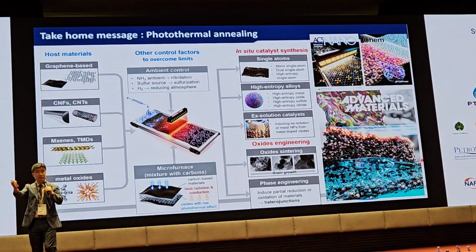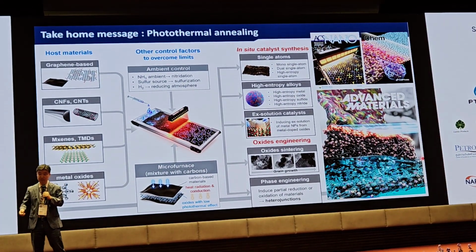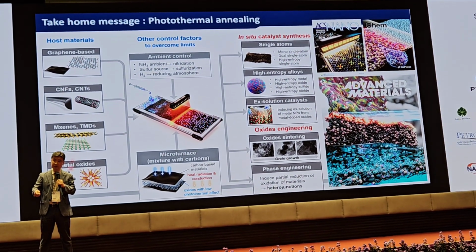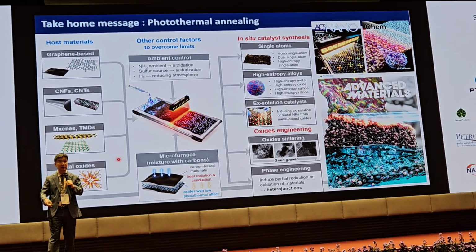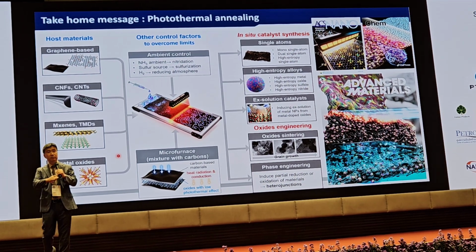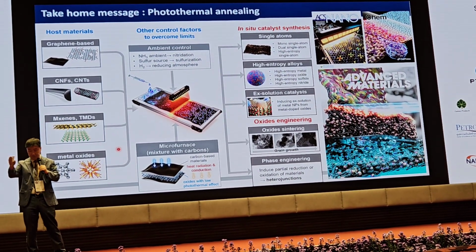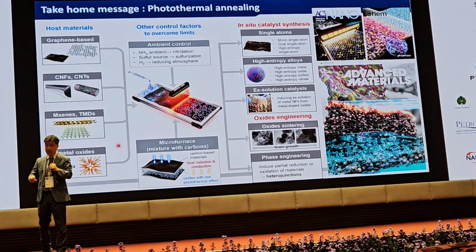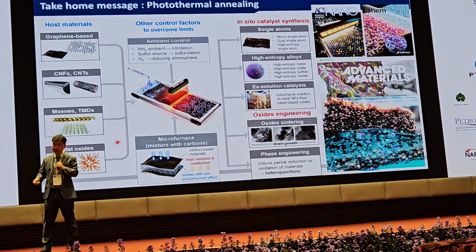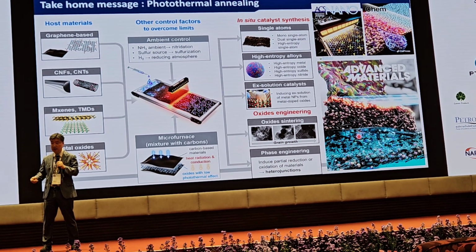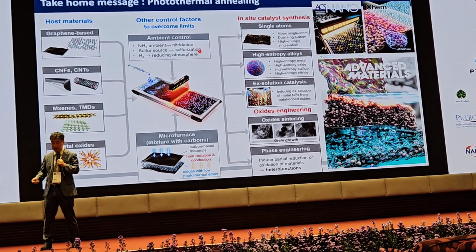Alright, so this is the first part, the take-home message. I mentioned host materials: graphene, carbon nanofibers, MXene, and metal oxide. A broad range of various metals and various support materials can be used for high entropy alloy, single atom catalyst, and also catalyst design using photothermal annealing.